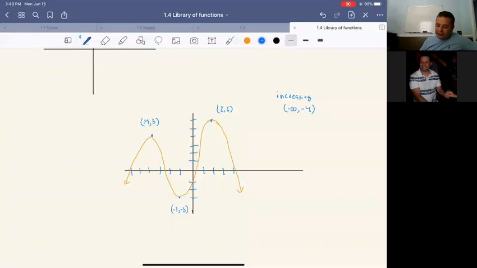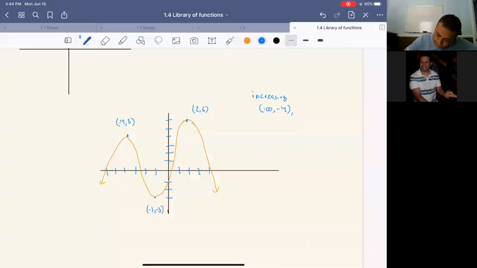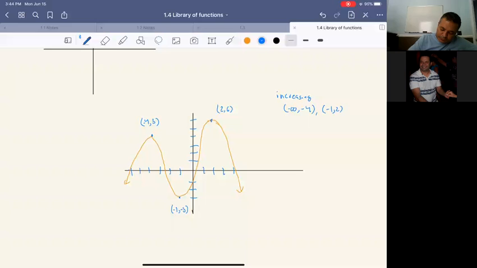Now that's not the only place it's increasing, okay? We're only concerned with the x values where it's increasing or decreasing. So from negative 1 to 2, it's going to be increasing again.